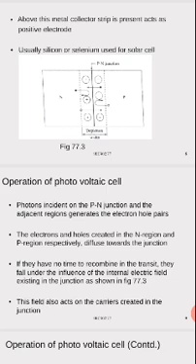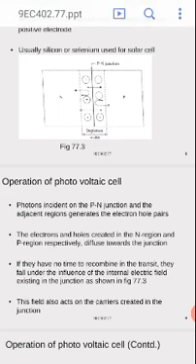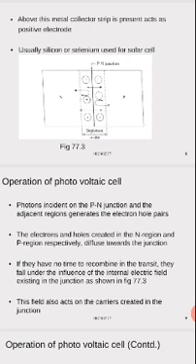Here, whenever light falls or photons hit the plate of the solar cell, electron-hole pairs are generated.